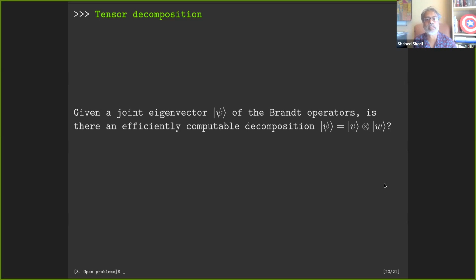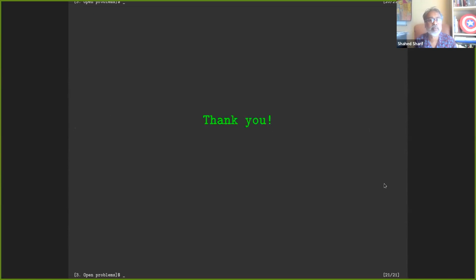Here our given eigenvector is psi, and we'd like to be able to write it in the form V tensor W. This may not be possible, and even if it is, can you come up with it? So the question is, for our particular instantiation, is there an efficiently computable way to come up with such a decomposition, even part of the time? There are some other open problems in the paper, which I invite you to check out. But otherwise, thank you so much.